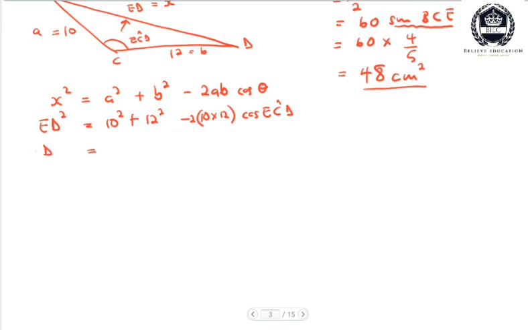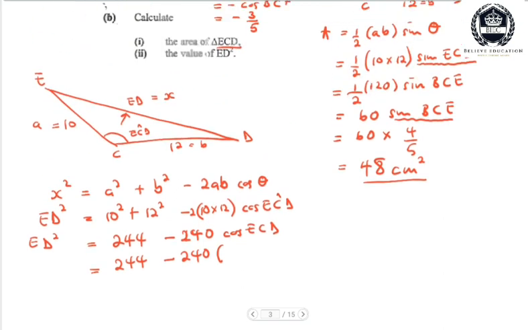Then here, that's ED squared. My ED squared will be equal now to 10 squared plus 12 squared, that gives me 244, minus then 10 by 12, that's 120, by 2, that's 240, then cos of ECD, which is equal to 244 subtract 240, and now we want to replace the cos ECD.